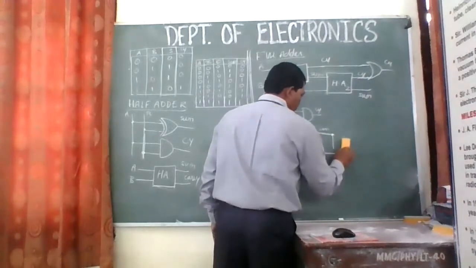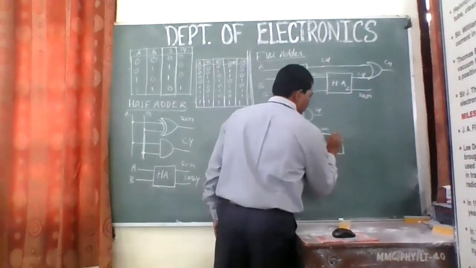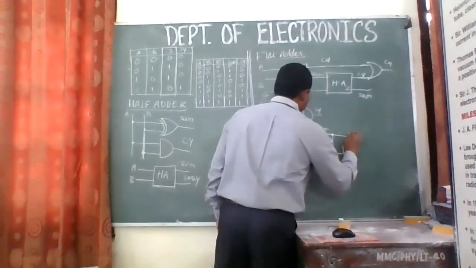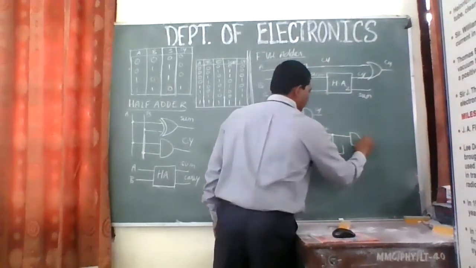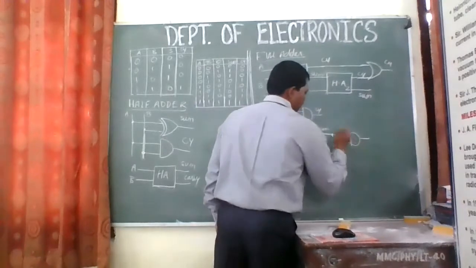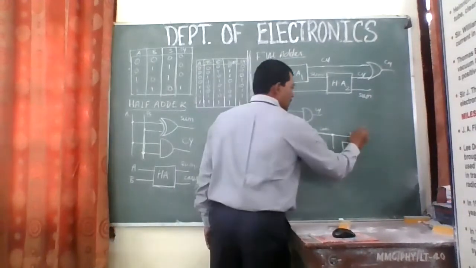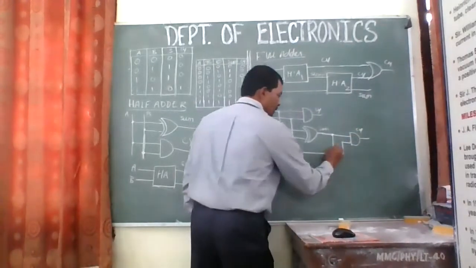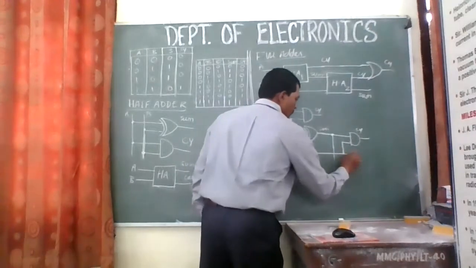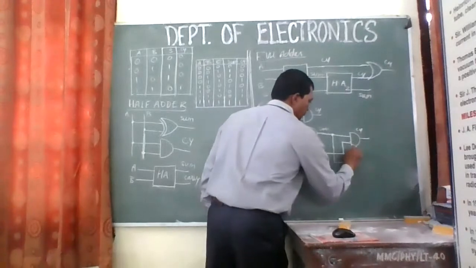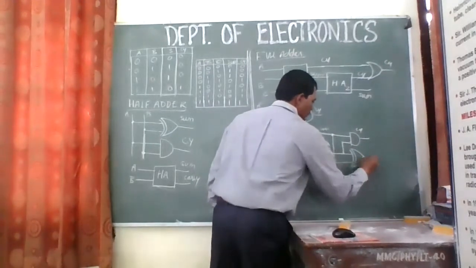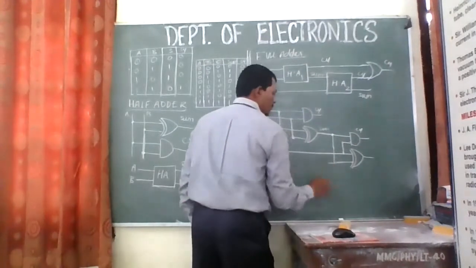So yes, this I will be giving it to another AND gate. Like this. This I will be calling it as carry. And now this terminal I am going to give it to an XOR gate. हाँ बेटा, एक second.